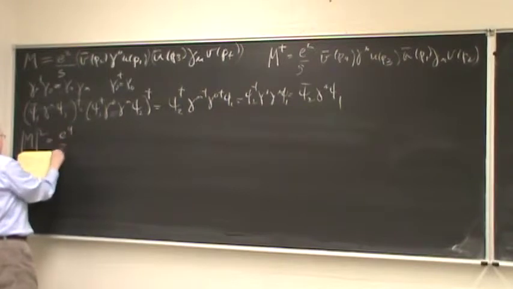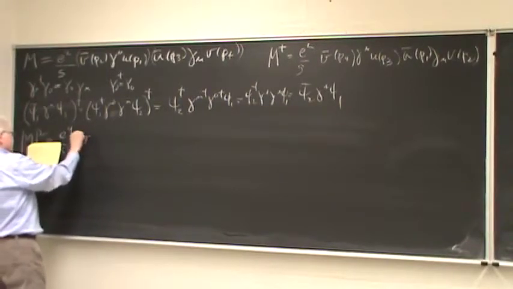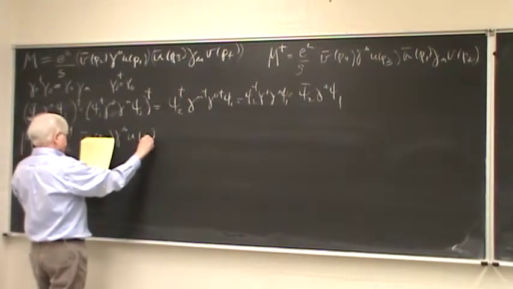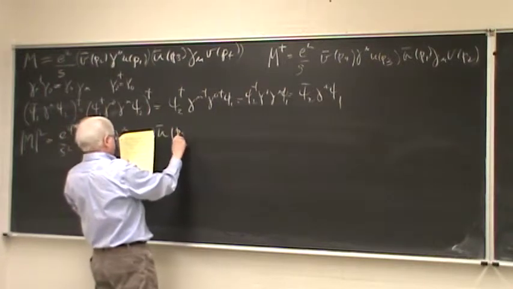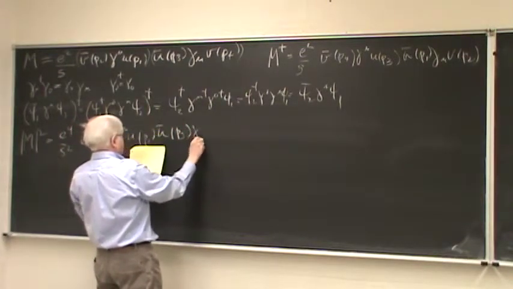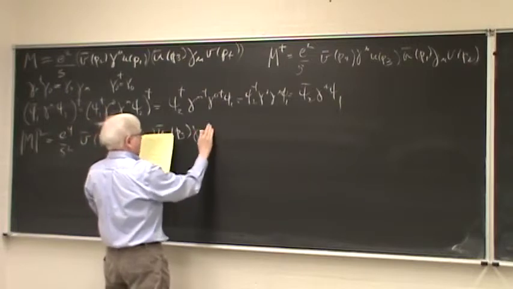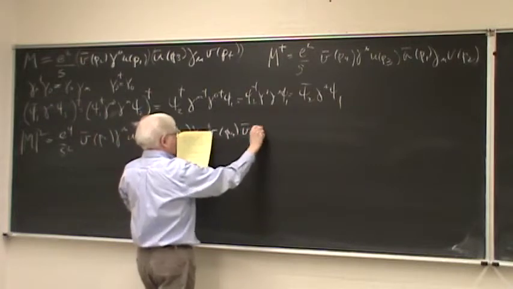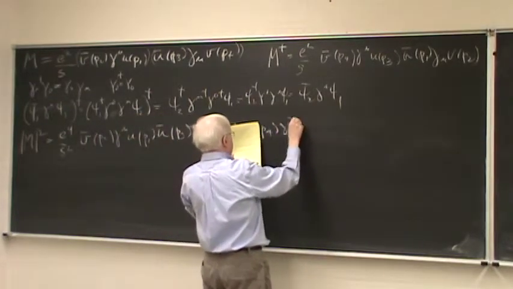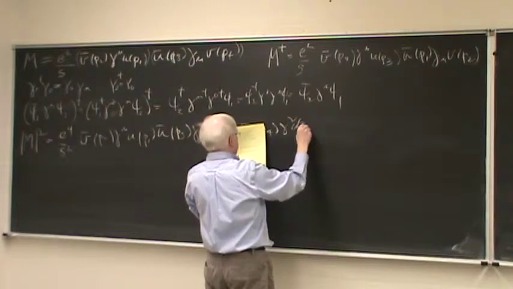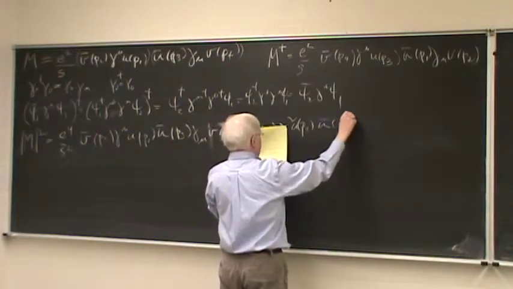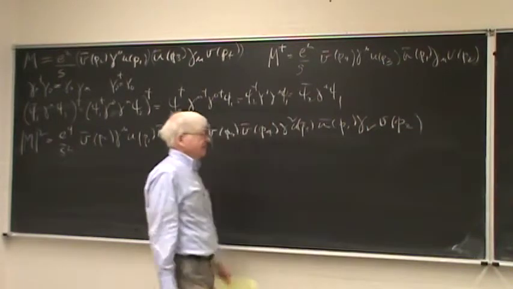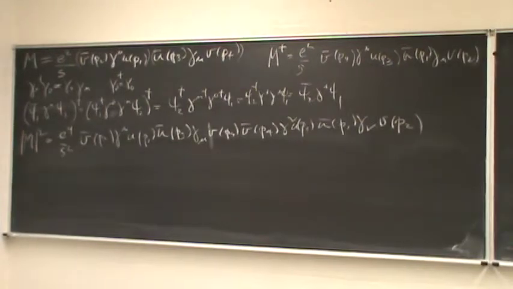It's e to the fourth over s squared, and it's then V bar of P2 gamma mu U of P1 U bar of P3 gamma mu V of P4 times V bar of P4 gamma nu U of P3 U bar of P1 gamma nu V of P2.